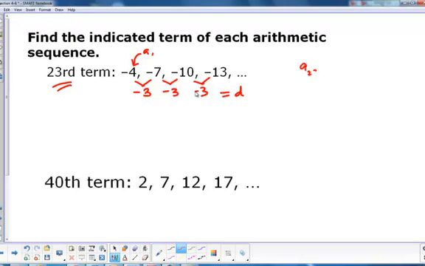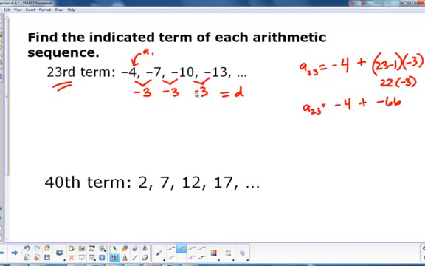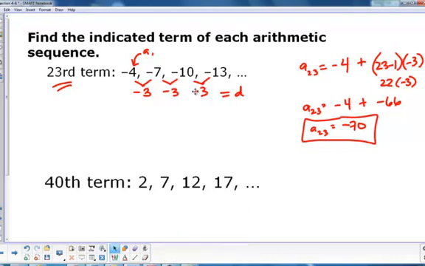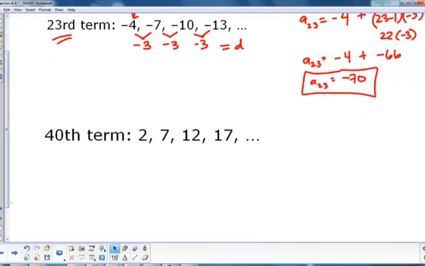So the 23rd term will equal the first term plus the 23rd term minus 1, and we're minusing 1 because we're using the first term, times the common difference. So 22 times -3 would be -66, and -66 plus -4 is -70. So the 23rd term would be -70. Makes sense. Going down by 3, going out that far. Make sure it makes sense, because it's pretty easy to lose negatives in life.